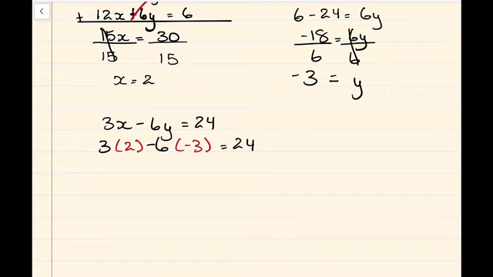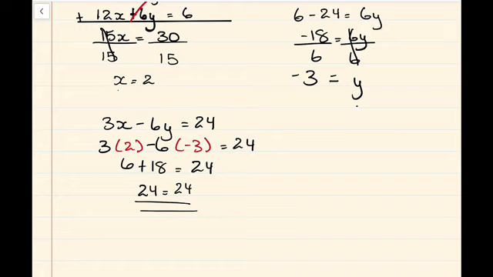Okay, so 3 times 2 is 6, and negative 6 times negative 3 is positive 18, and that's equal to 24. 18 plus 6 is equal to 24. So 24 is equal to 24. So our answer is correct. x is equal to 2 and y is equal to negative 3. And that's how we do the substitution method of simultaneous equations.